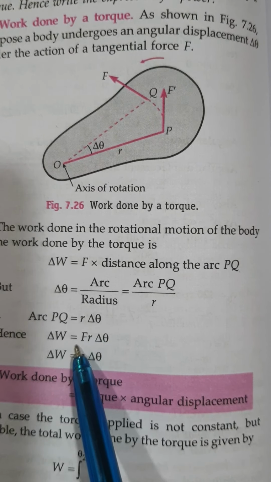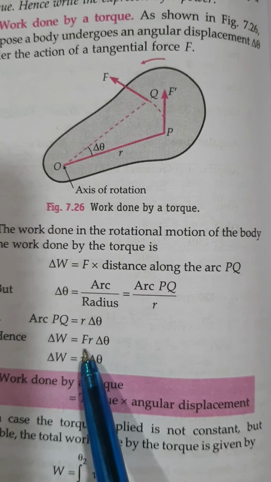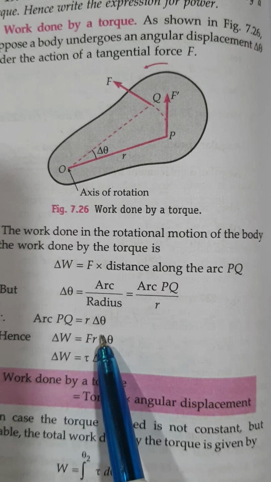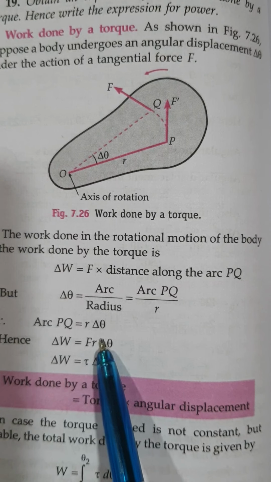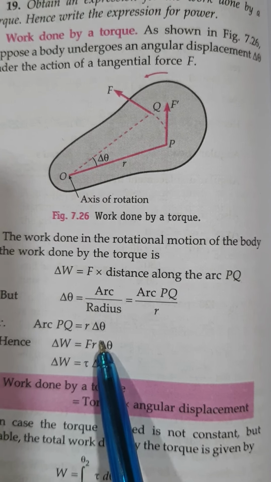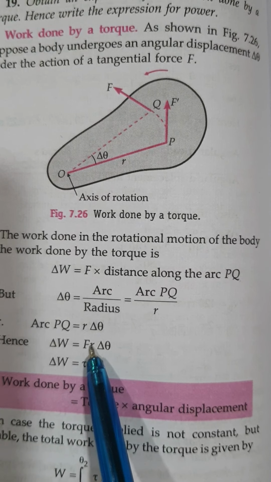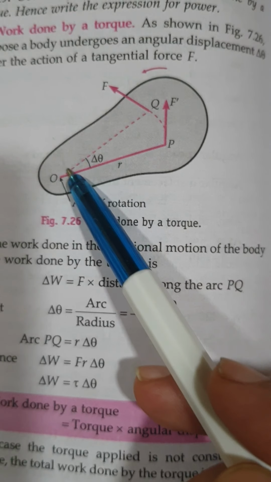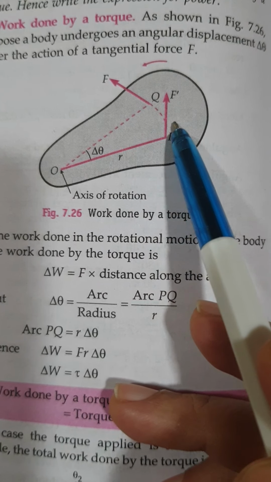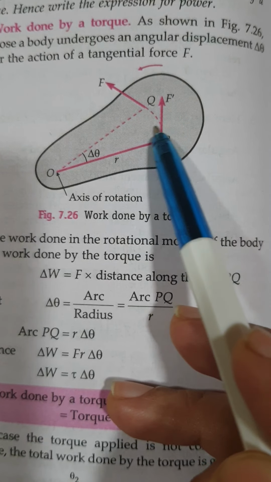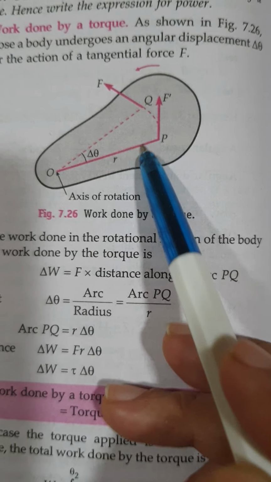Now what is this F into r? That is your torque. See, torque is equal to r cross F, that is r F sin theta, where theta is the angle between F and r. You can see here the angle between r and F is 90 degrees and sin 90 is 1.